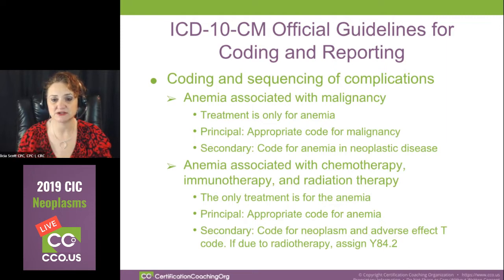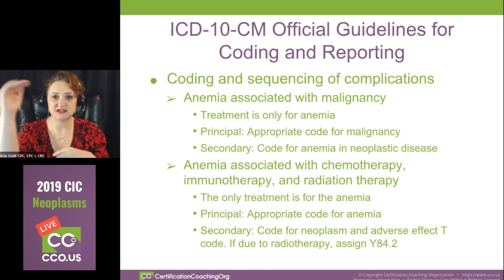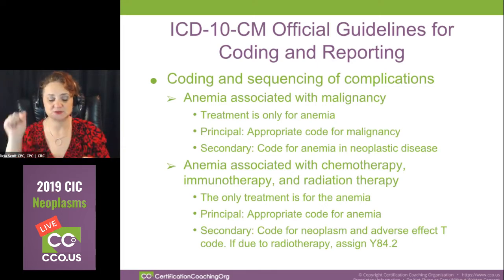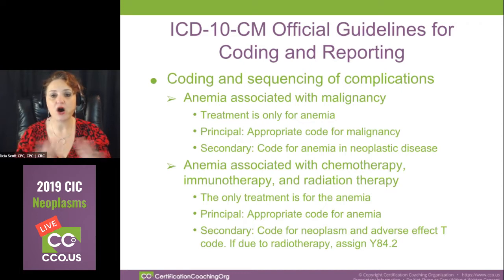You need to know the difference. And then, of course, radiation, everybody understands chemotherapy is the drugs, radiation, we're zapping them, right? We're giving them radiation at a specific point to destroy those tumor cells. All of those can cause anemia to the body. It's harsh on the body.